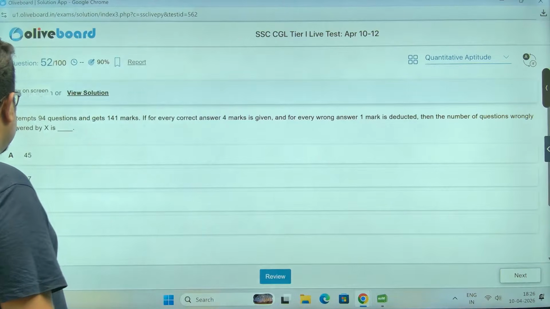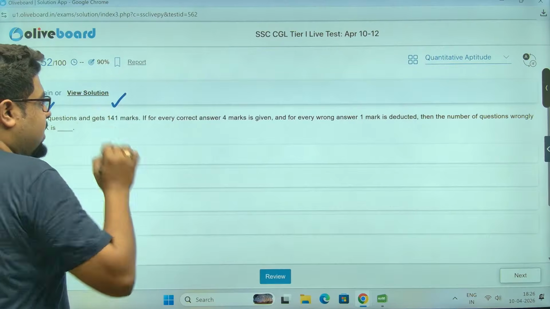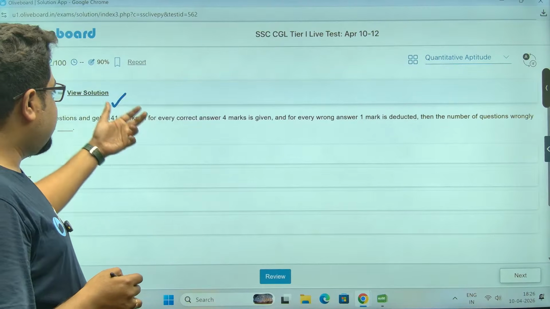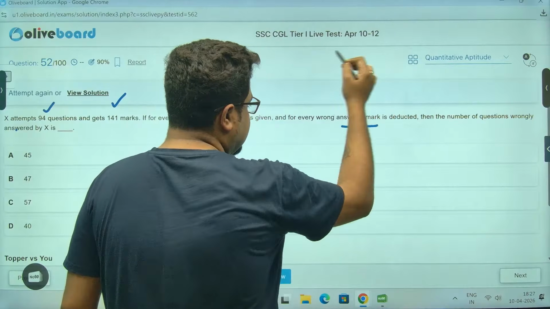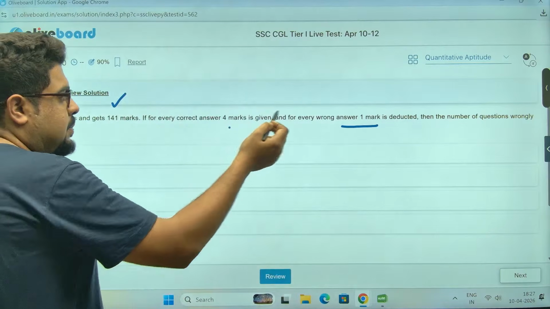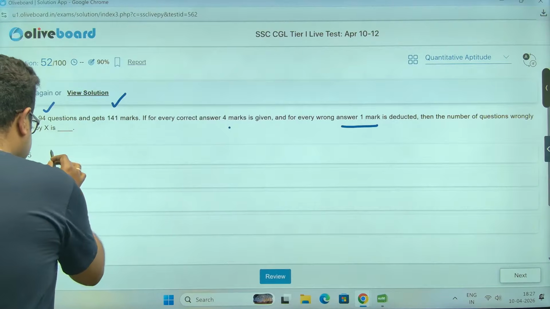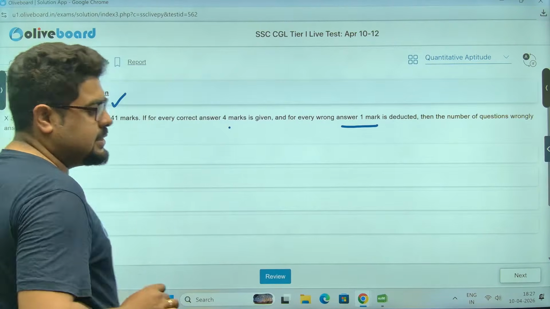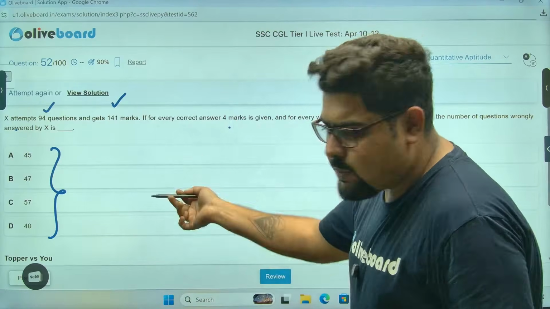Sir, X attempts 94 questions and gets 141 marks. For every correct answer, 4 marks are given and 1 mark is deducted for every wrong answer. Number of questions wrongly answered. Again, there are two ways to do it, sir. Either you can go by options. The logically easiest one will be to go by options.